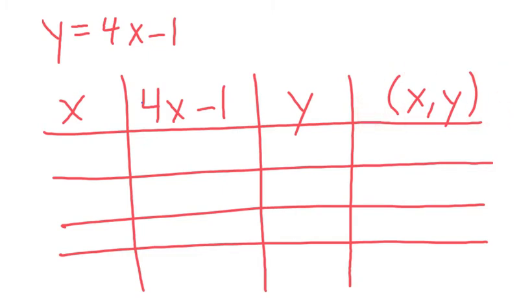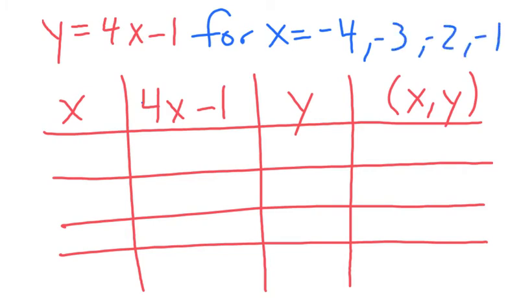And then remember the values they gave us? They said x equals negative 4, negative 3, negative 2, negative 1. So what they're doing is they're telling us the x's.